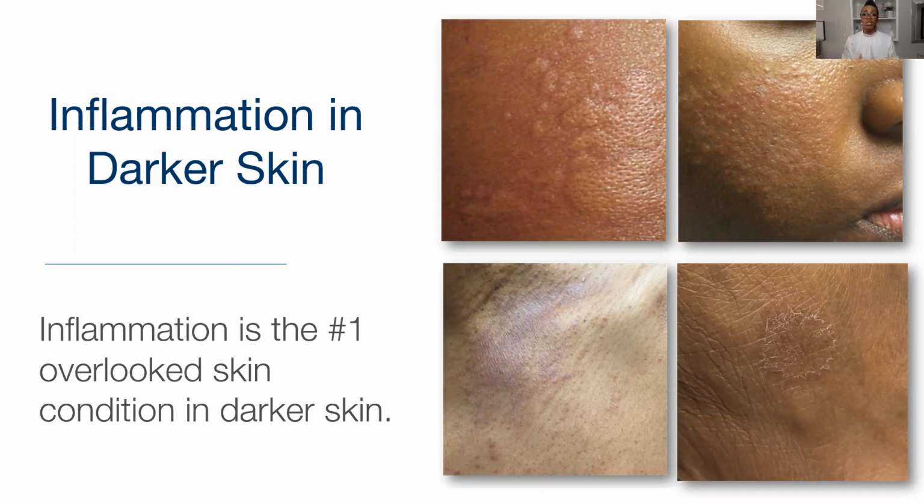We want to use ingredients like, jump in the chat, everyone, shea butter, like aloe. We also want to incorporate great ingredients like Rubus idaeus extract, or raspberry extract. There's also ruscus extract.